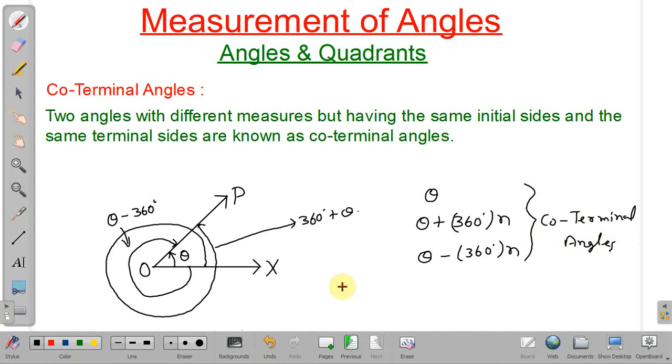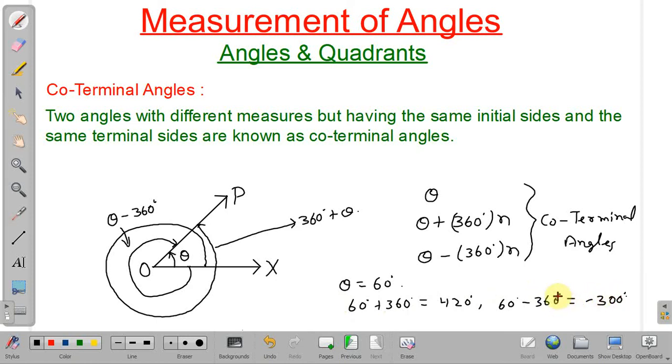For example, suppose theta equals 60 degrees. Then one co-terminal angle is 60 plus 360, which is 420 degrees, or 60 minus 360, which is minus 300 degrees. So these are co-terminal angles of 60 degrees.